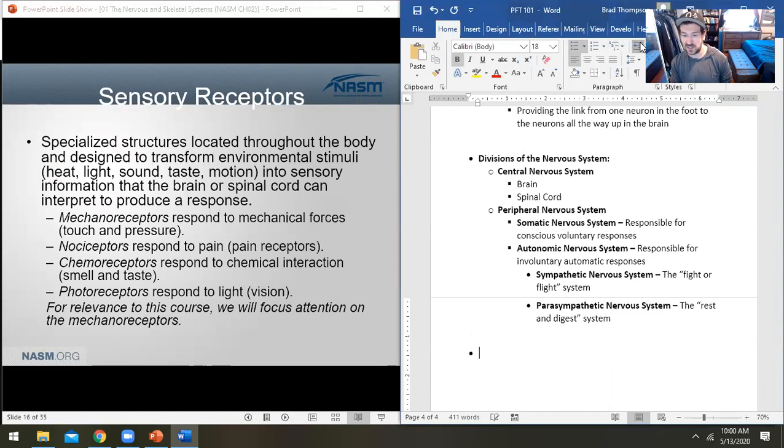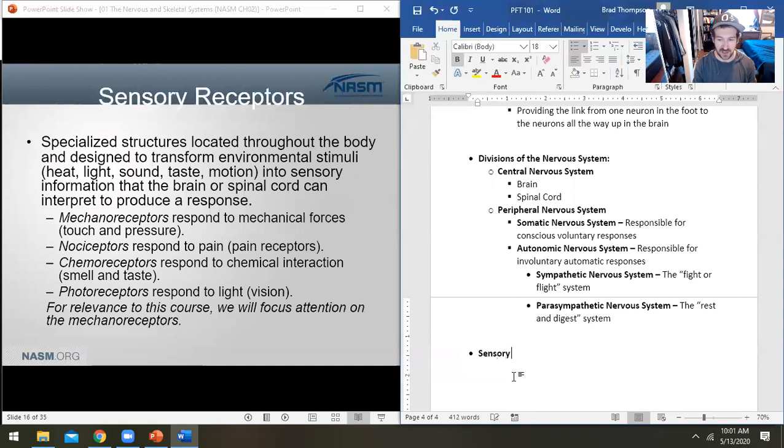Cool. So the next section we've got is your sensory receptors. If we are looking at sensory information, we need to be able to talk about how we gather that sensory information. And this is going to become really key when we get into assessments later, right?